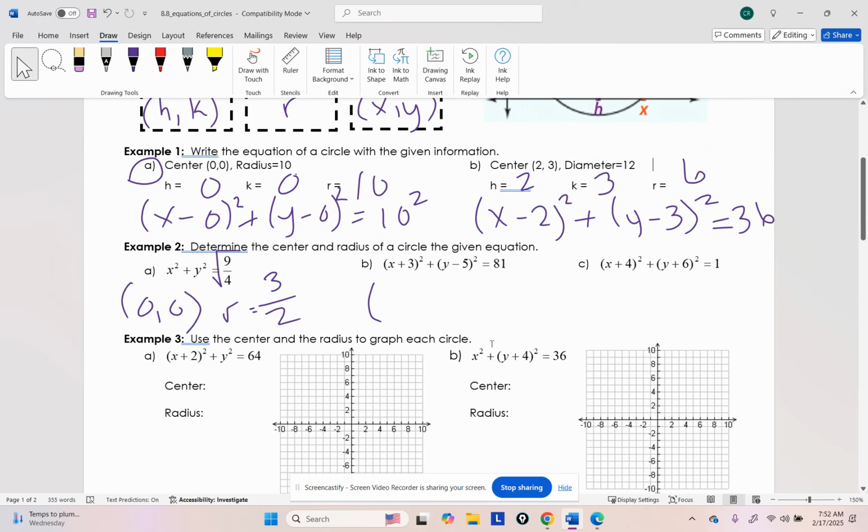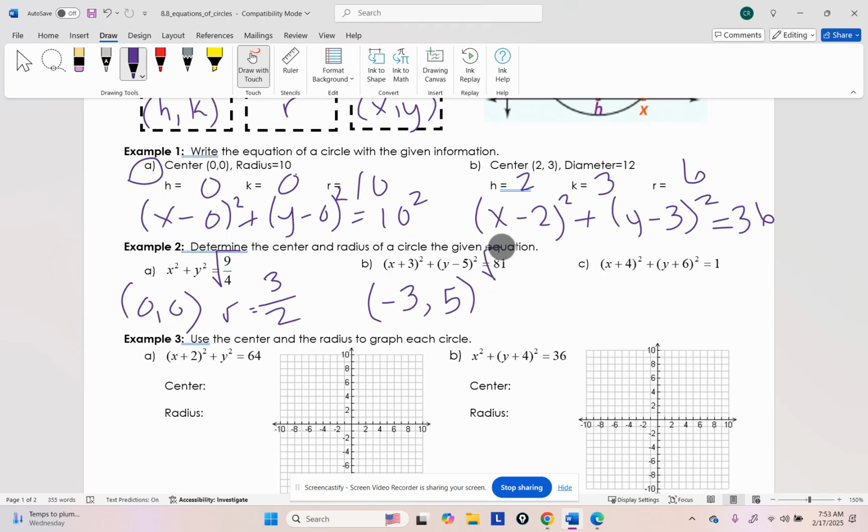Because we have x plus here, that means our number is going to be a negative number, because a negative times a negative is a positive. So because this is a positive 3, our center for x is going to be negative 3. And then we got y minus 5, and the opposite of minus 5 is a plus 5. Okay, so my center is at negative 3, 5.